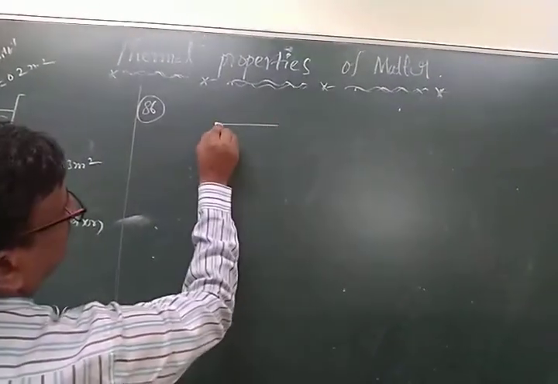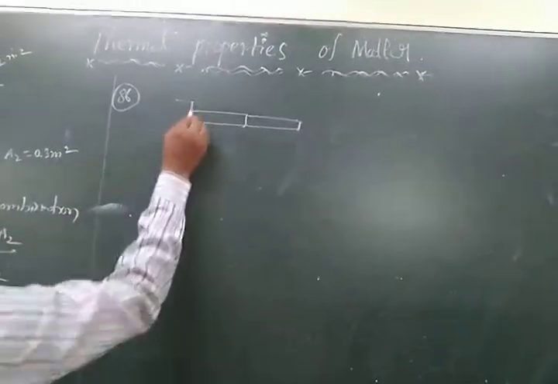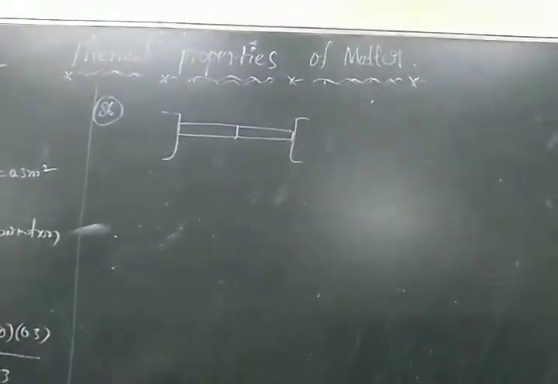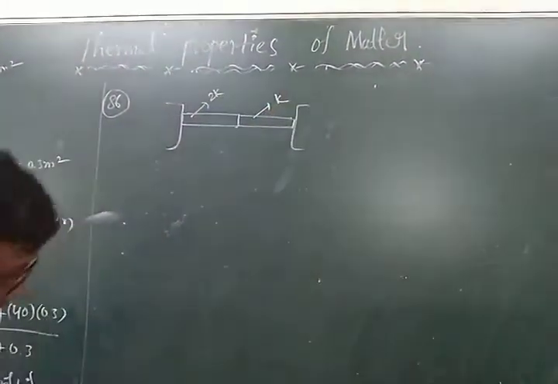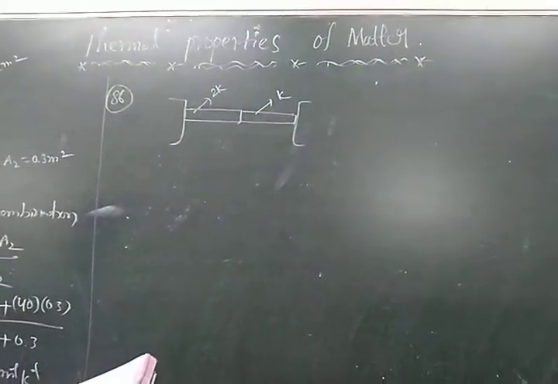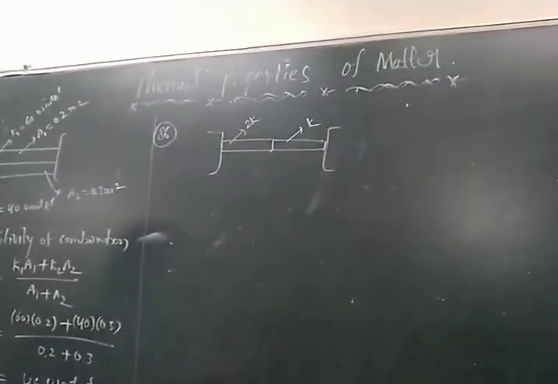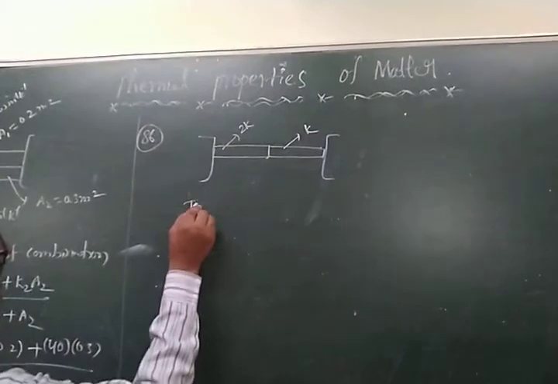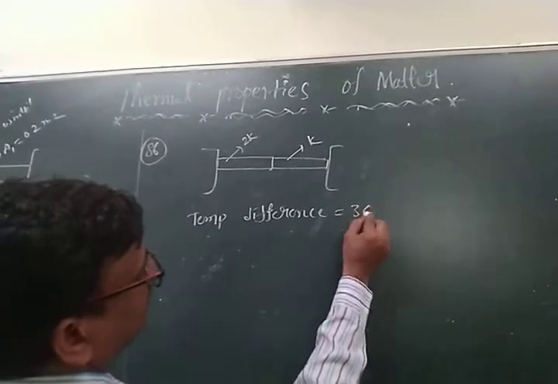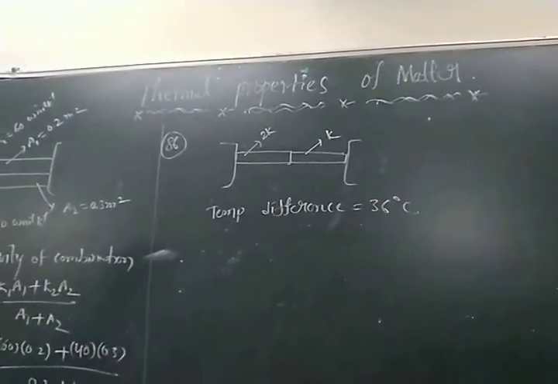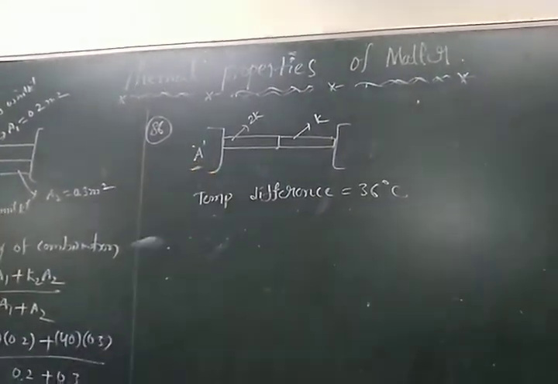This is the first one and this is the second one, joined together, and their thermal conductivities are 2K and K. Under steady state conditions, the temperature difference between the open ends of A and B is 36 degrees centigrade. We can find the temperature difference of A.